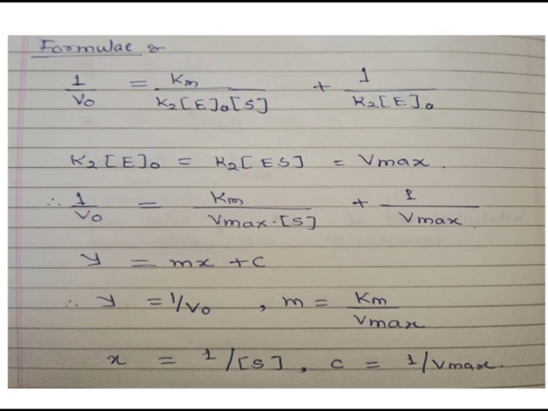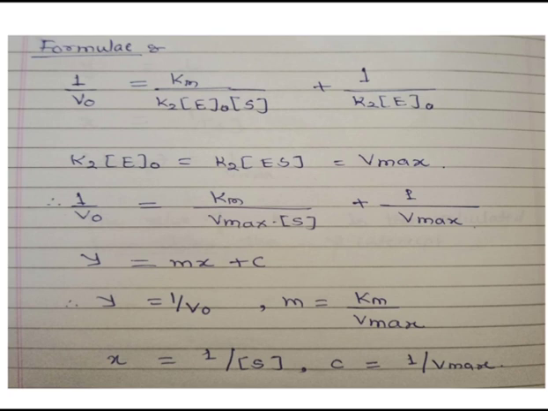So K2 into E0 is equal to K2 into Es, and the same term is known as maximum rate, that is Vmax. So just put Vmax instead of K2 into concentration of E0. The equation is rewritten as 1 upon V0 is equal to Km upon Vmax into substrate concentration plus 1 upon Vmax.